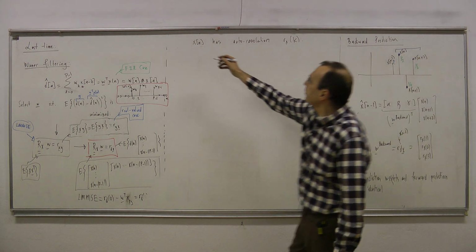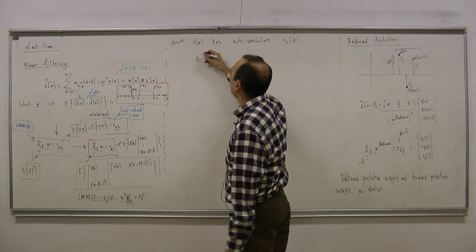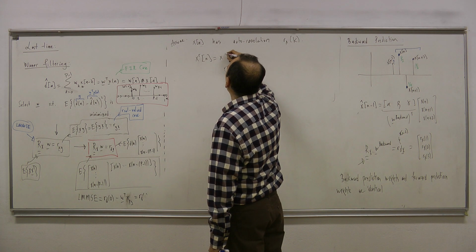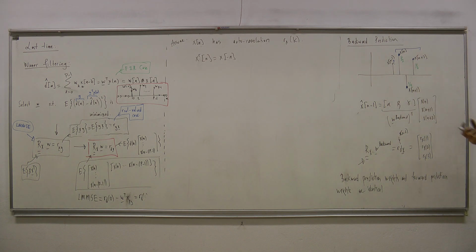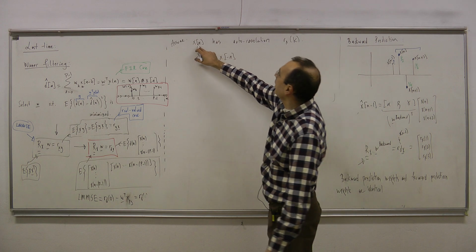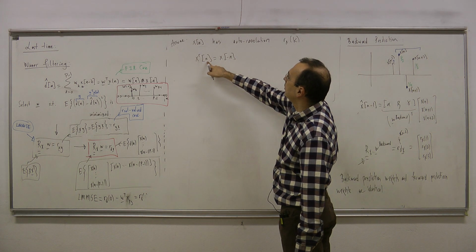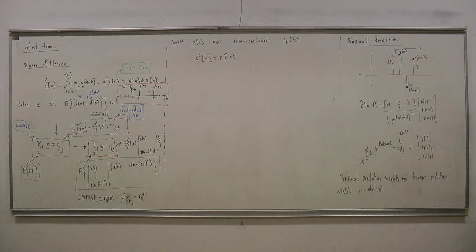Okay. Let me assume. Then let me have x of, let's say, reverse. This is x of minus n. Okay. So I'm reversing this x of n process in time. So if you increment n's over here, you are going towards right. If you increment n over here, you are going towards left. Okay. So this is reversed in time.